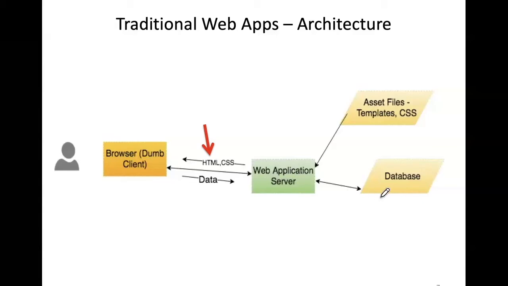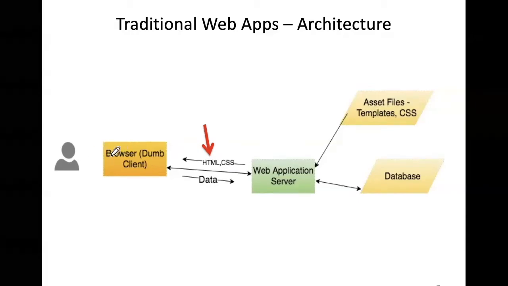And it perhaps consulted with the database, but critically, what it did was it actually constructed the web page, and it sends the web page plus any CSS back to the browser. Very little JavaScript, if any, involved in these types of web apps. The browser receives the HTML and CSS and displays it.